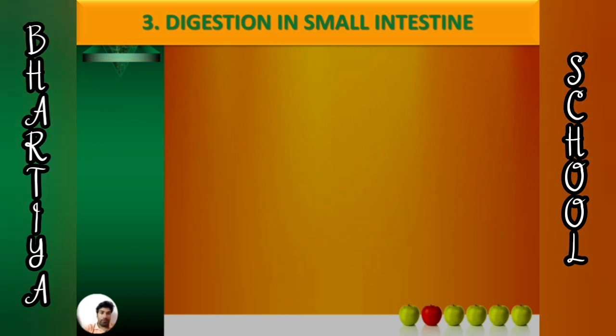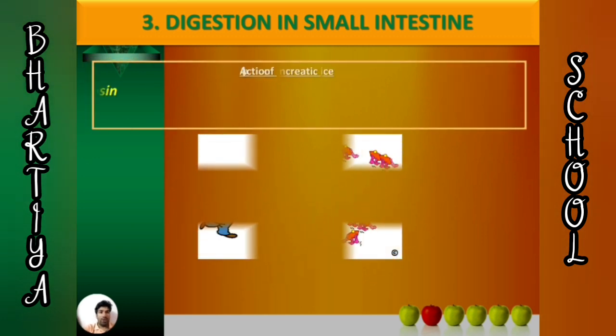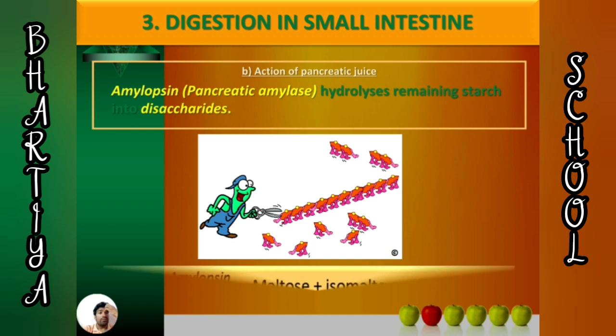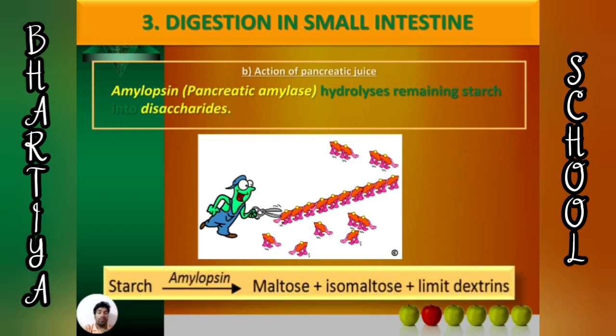As next, digestion of food by the action of pancreatic juice. Amylopsin, that is pancreatic amylase, is the enzyme that helps in the digestion of carbohydrates.